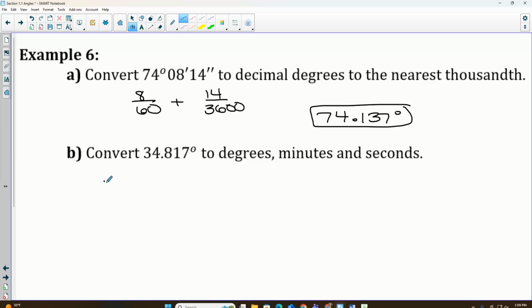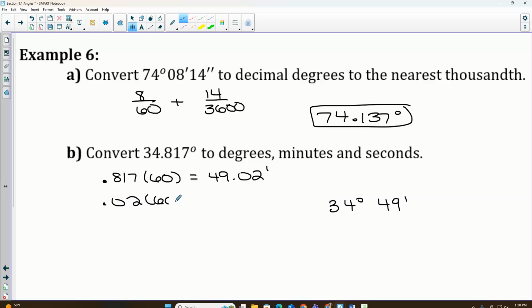B. We take the decimal times 60. So we know currently 34 degrees, 49 minutes, and then how do we get our seconds? Decimal times 60 again. And that gives us 1.2 seconds, so we round that, that's just 1 second. You can put 1, you can put 0.1, either is fine.